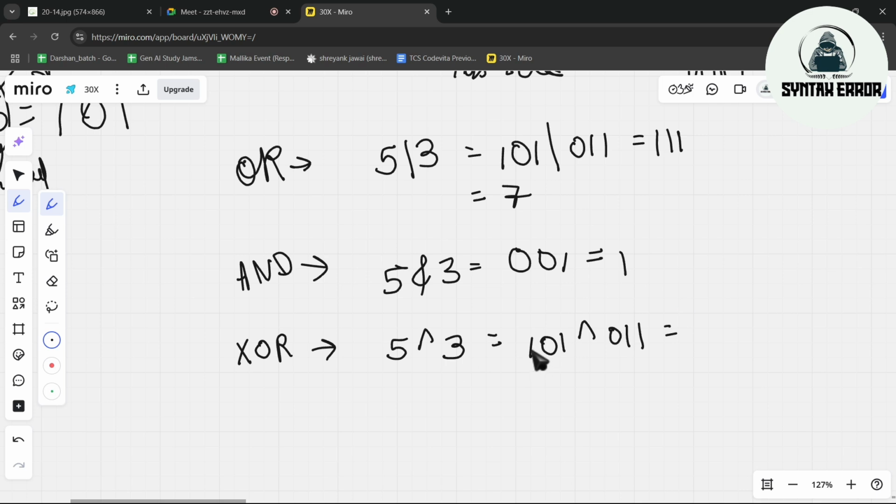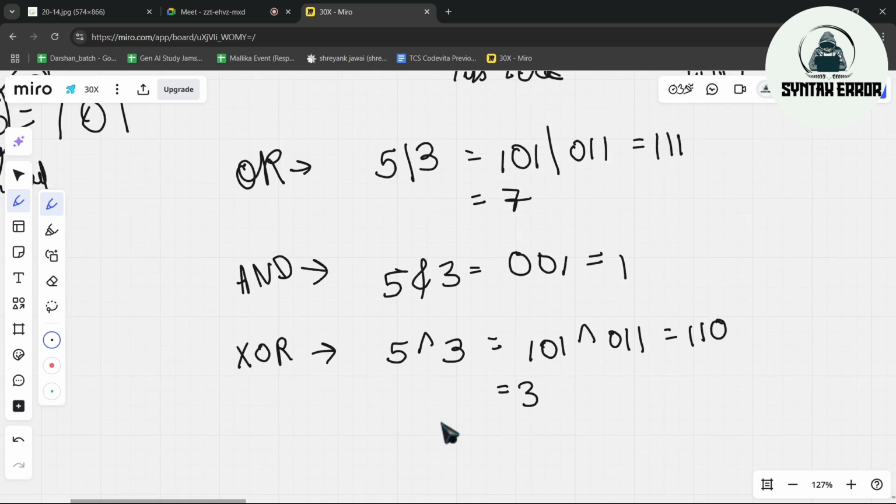Here we have 1 and 0, which are different, so we return 1. Here also 0 and 1 are different, so we return 1. Here these two are the same, either 0, 0 or 1, 1, and in that case it will return 0. So the result is 1, 1, 0, and we need its decimal conversion.